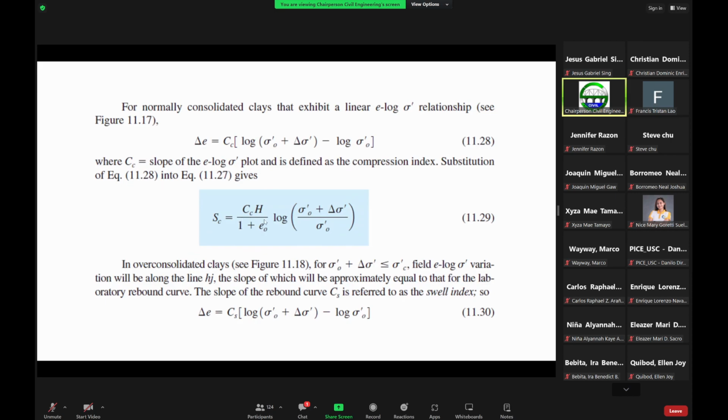And then this term here can also be rewritten by this term here, considering your logarithmic properties, no? So these two are just the same.